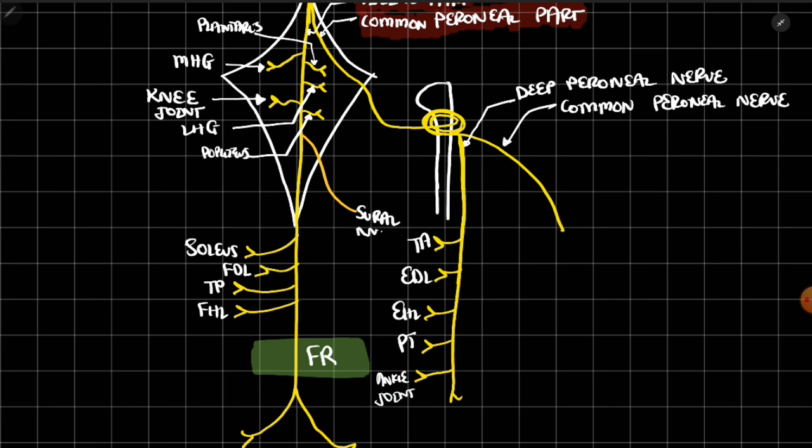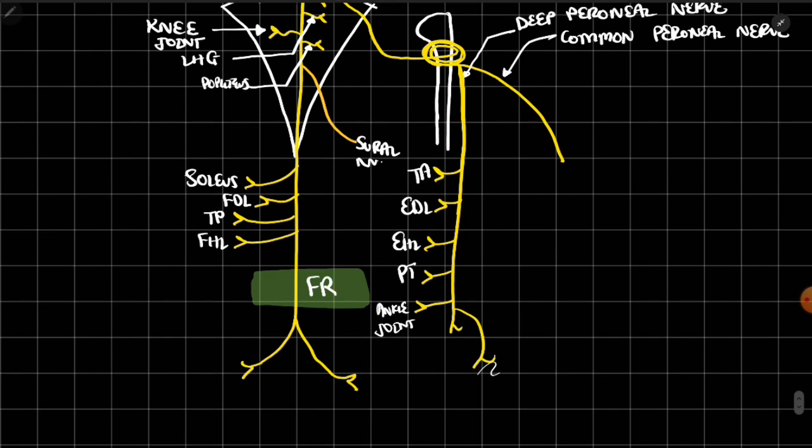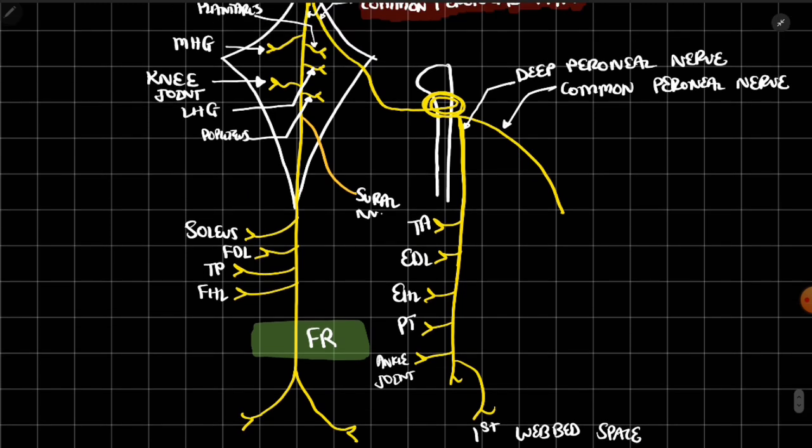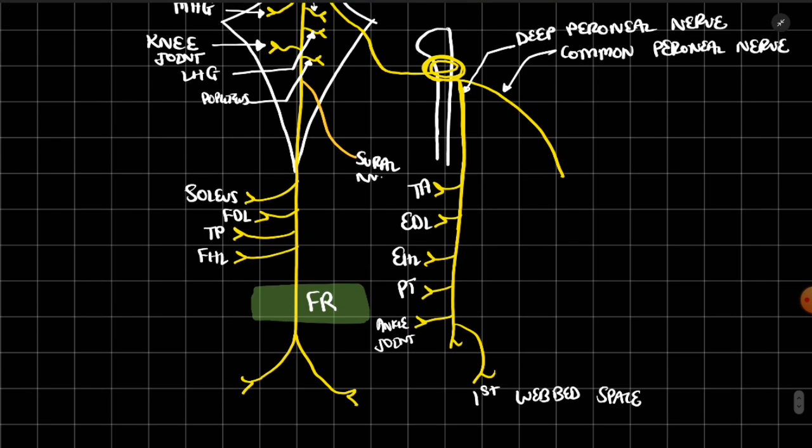Also, one branch goes to the first web space, which is the space between the big toe and the second toe.